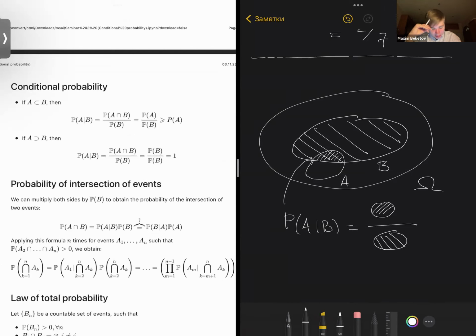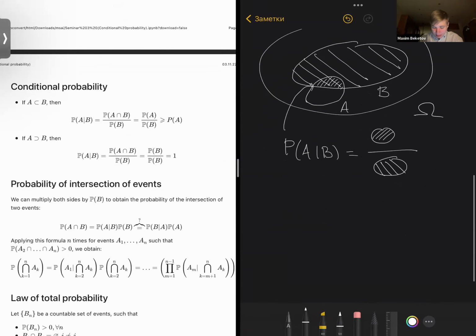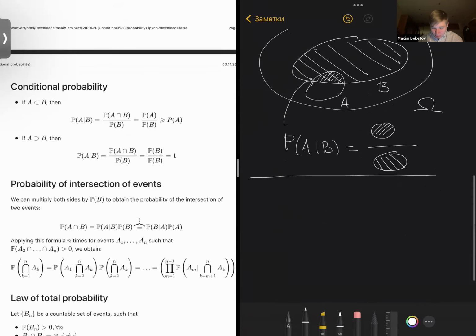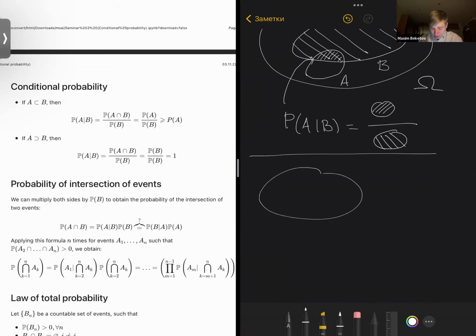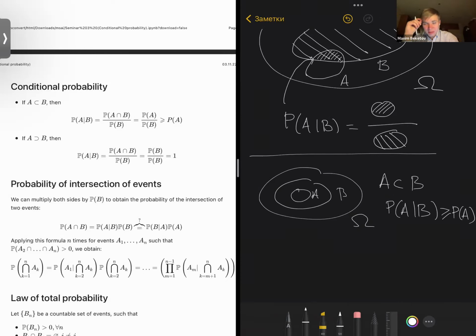Yeah, and also we have that if A is a subset of B, so if we have the whole omega, we have B, and A being a subset of B, then P of A given B is greater or equal than the probability of A unconditioned by B, right?